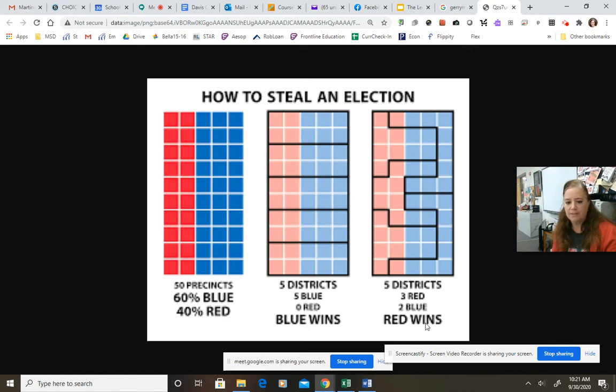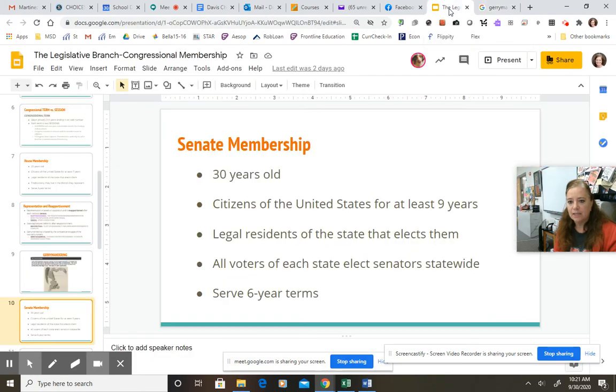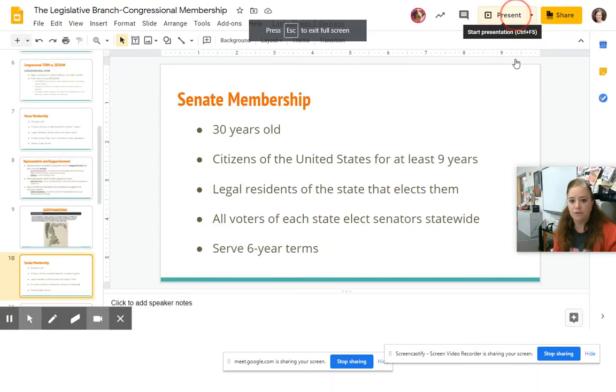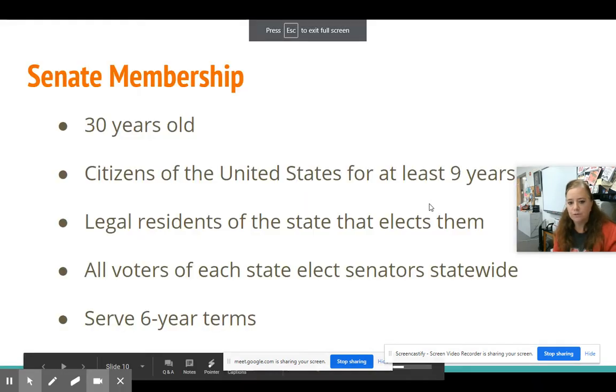So then what happens is the red, even though there's less people, still wins. And this happened, if you looked at our election in 2016, when our current president went against Hillary Clinton. Hillary Clinton actually won the popular vote. She had more votes for the presidency than did President Trump.